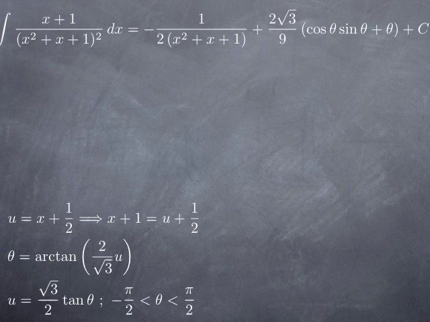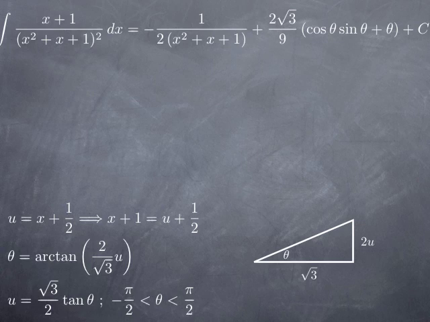Well, we're going to use the type of geometric representation we have used to go back to the original variable when we were looking at trig substitution. Namely, we see that since tangent theta is 2u over root 3, that means that the ratio of the opposite side to the adjacent side in a right triangle is 2u to root 3.